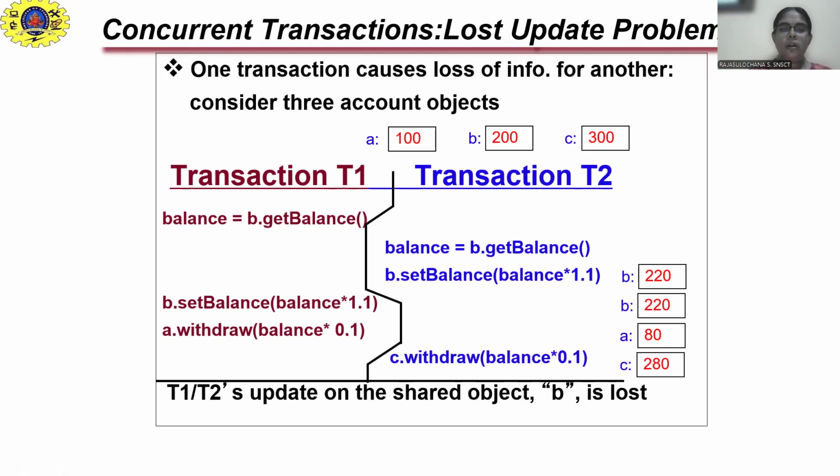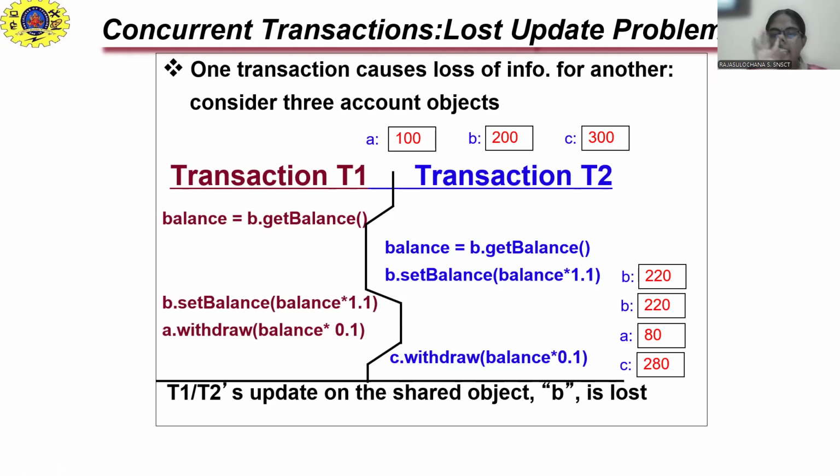Now, again, transaction T1 sets the balance, and it becomes 220 again. And now it is withdrawing the balance.